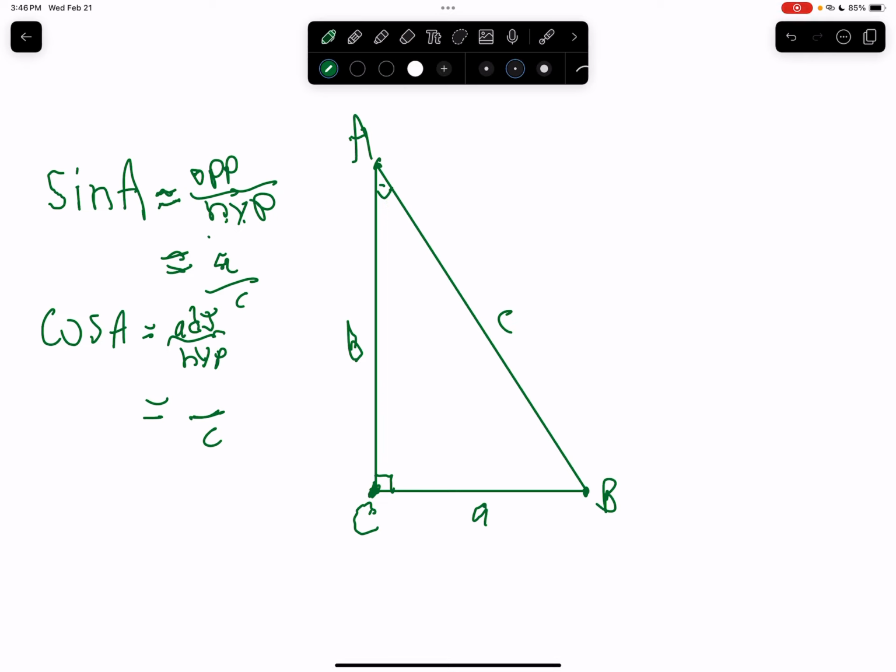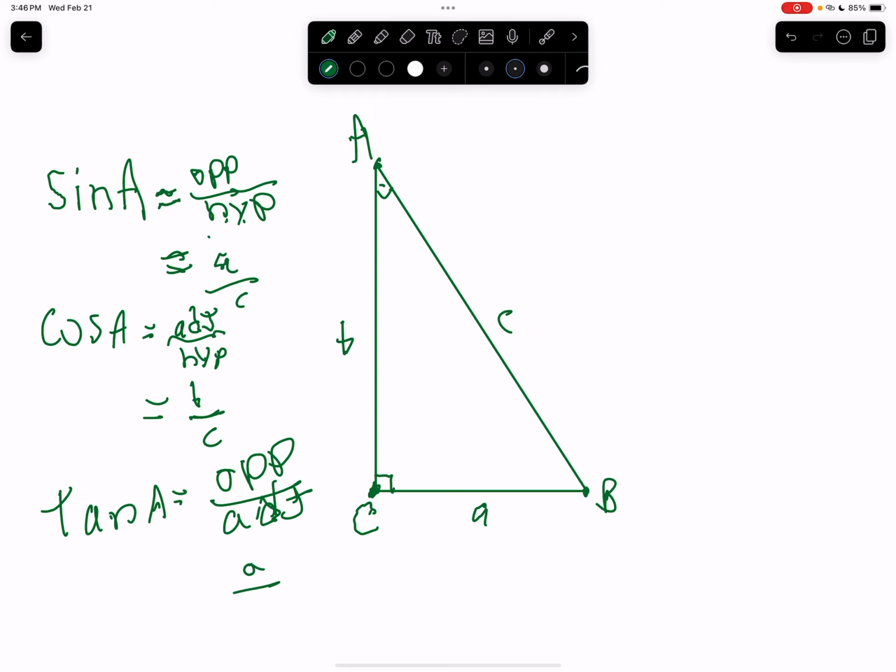So the little b, which you can't really see very well here, but I'm going to make it a little nicer, the little b. And the tangent of angle A is the opposite over the adjacent side, which is little a over little b.